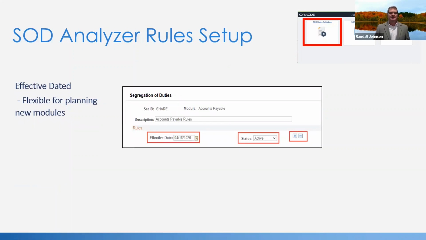It is effective dated, so you can have multiple rows. You would only have one row active at a time, but this will allow you to create future rule sets if, say, you plan on implementing a new module in the near future.